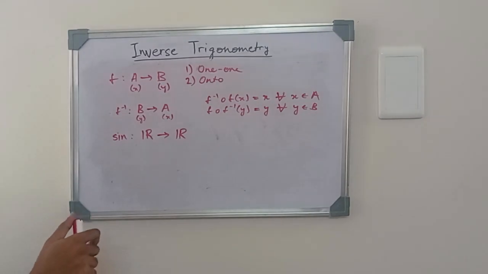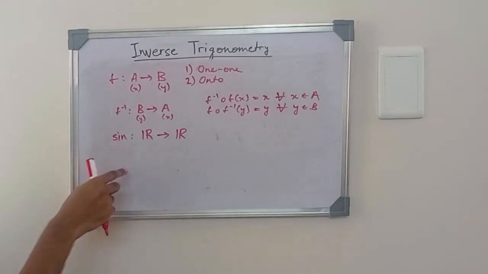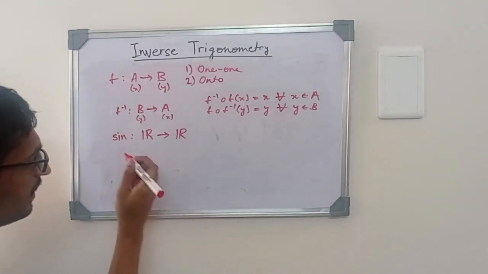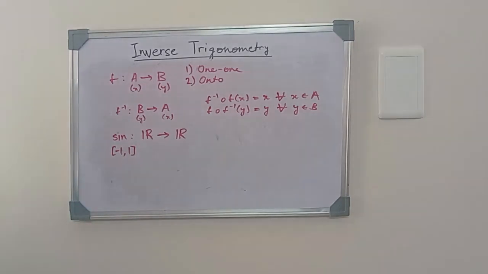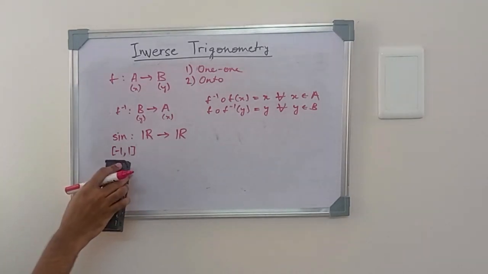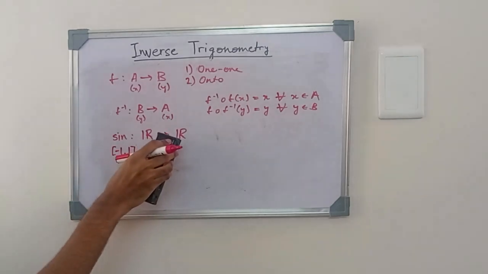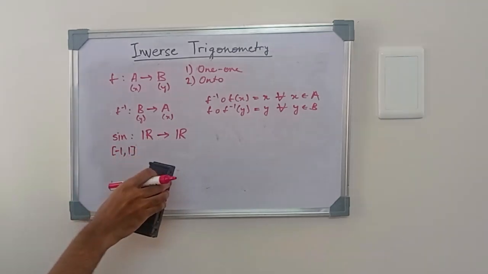We realize that this function is not onto, since the range of the sine function is just this interval from -1 to 1. The sine function cannot take any values outside this range. So the range and the codomain are not the same, so it is not onto.